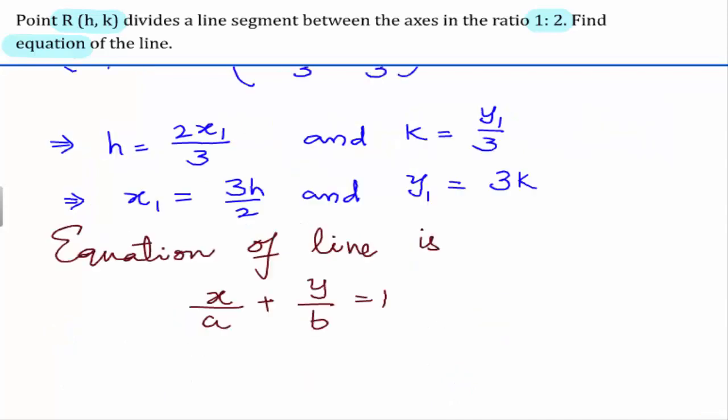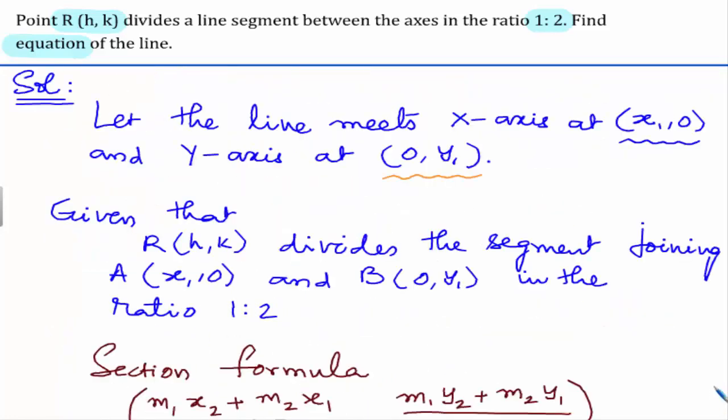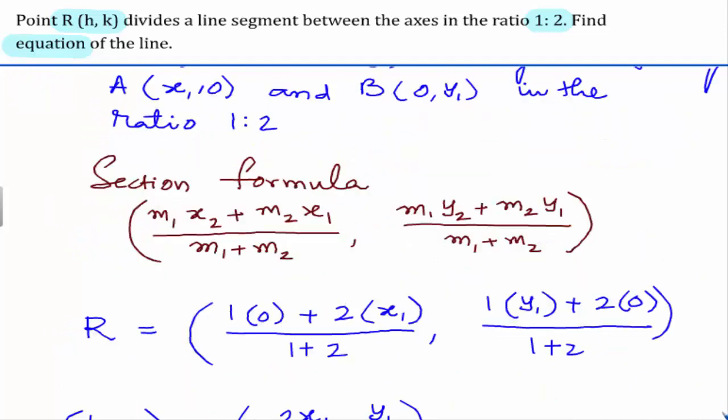So the equation of the line is x by x-intercept plus y by y-intercept is 1. So x by x1 plus y by y1 is equal to 1, because the line was intersecting the x-axis at x1, 0 and the y-axis at 0, y1.